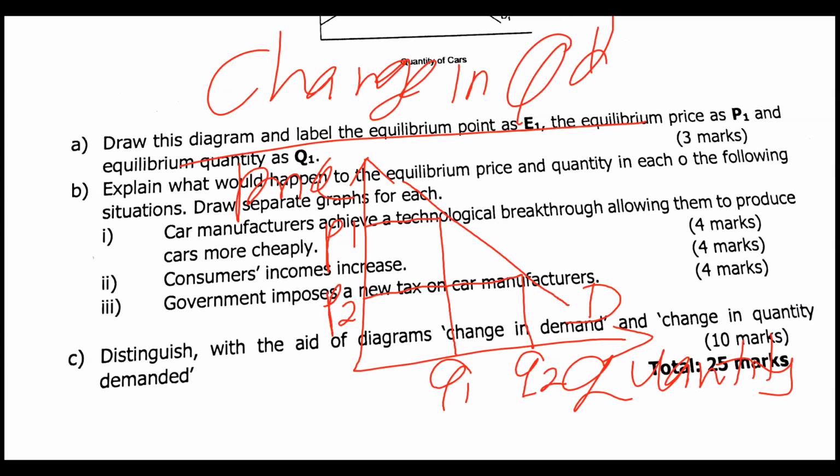You said this is in obedience to what, sir? To the law of demand. The law of demand says when price reduces, quantity demanded increases. There's a negative relationship; they move in opposite directions. When price reduces, quantity demanded increases, and vice versa.